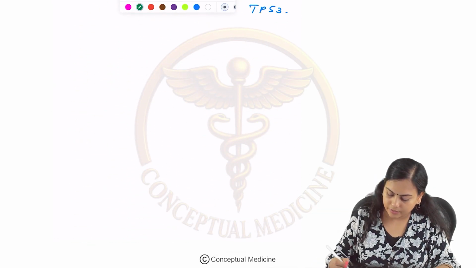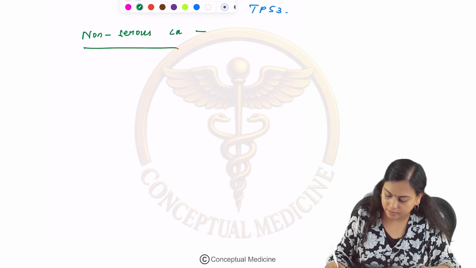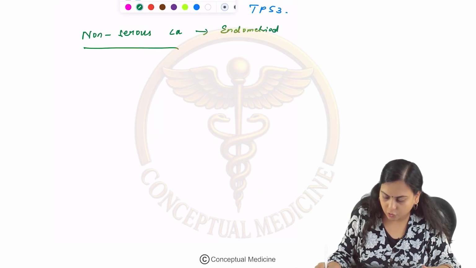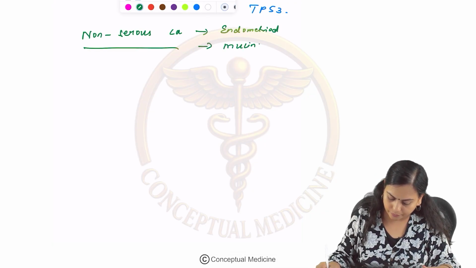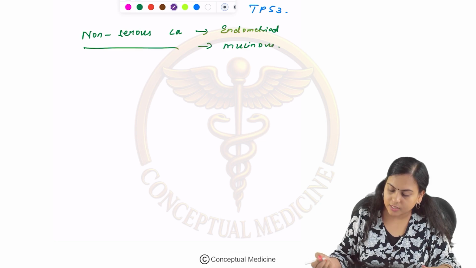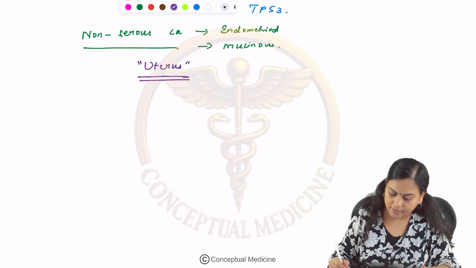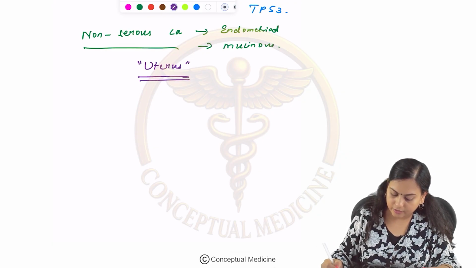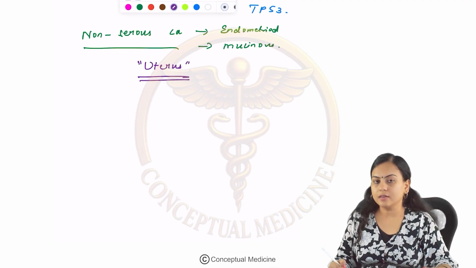When we speak about the non-serous carcinoma of epithelial tumors, that is nothing but your endometrioid, which is the second most common type of epithelial tumor, and also the mucinous tumor. This grading is similar to that of uterine cancer grading, and it is based on the architecture with one step upgrade if any prominent atypia is seen.